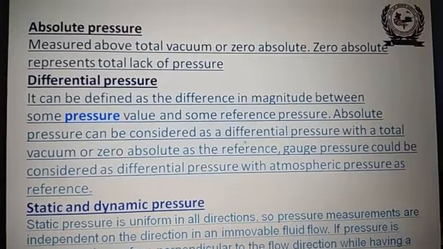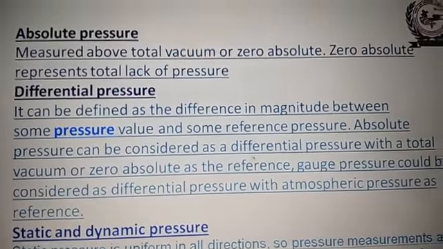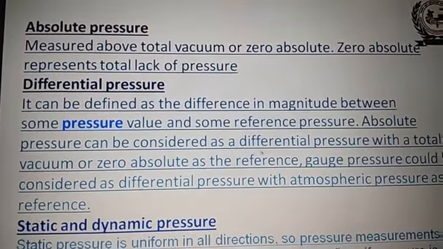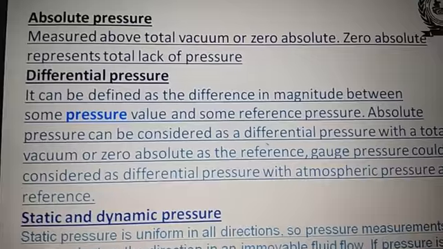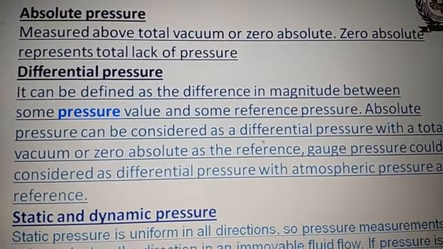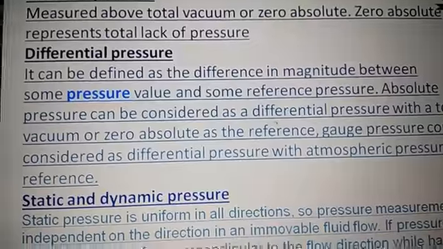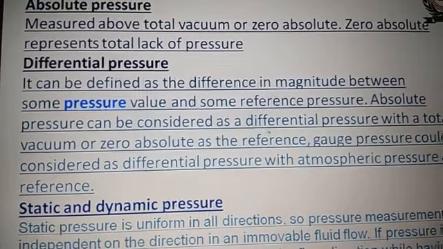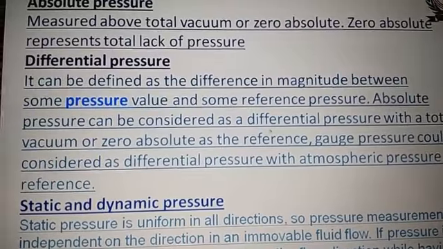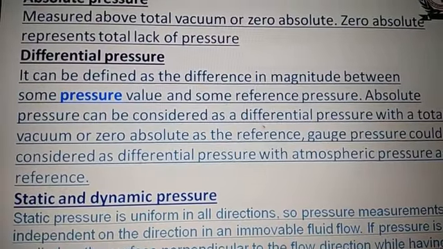Then differential pressure. It can be defined as the difference in magnitude between some pressure value and some reference pressure. So what differential basically means is a difference of pressure.